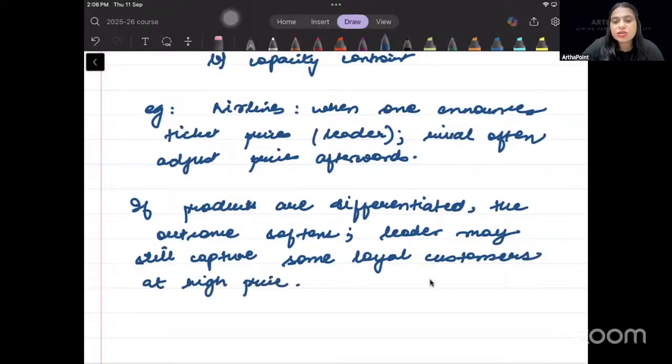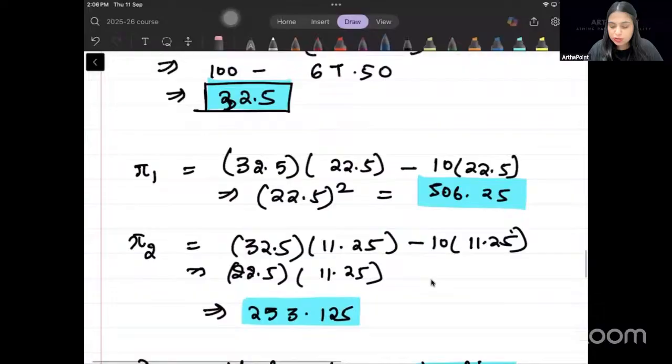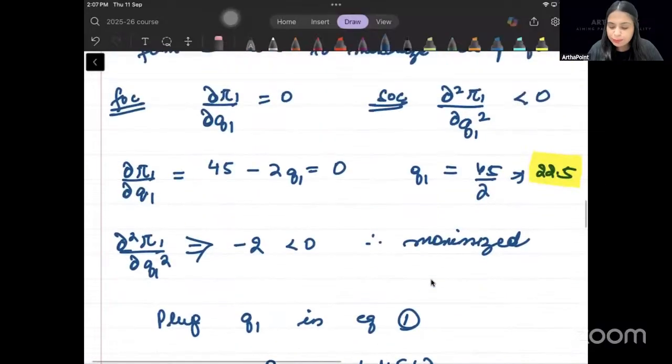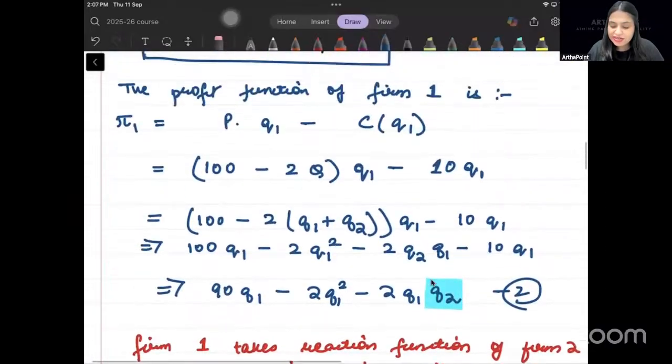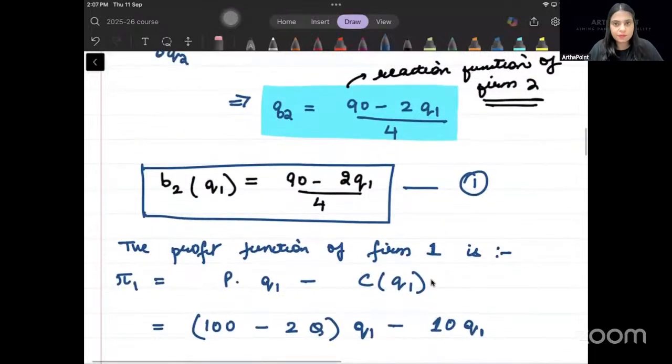ठीक है, समझे? So this is a better way to write the answer, because it is not easily possible for us to write the entire function in terms of price, right? And we will have to find two different prices, P1 and P2, which is not the case here, है ना, कि कौन सा firm कौन सा price set करे. It's not possible to show it like that.